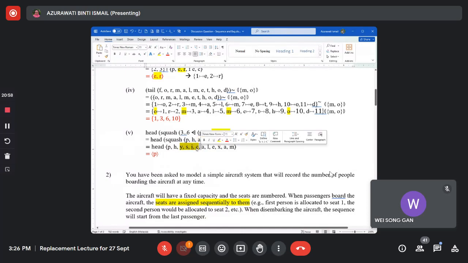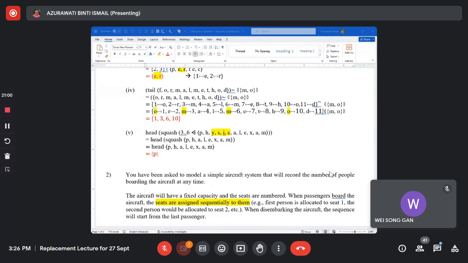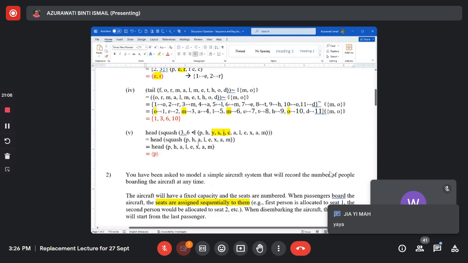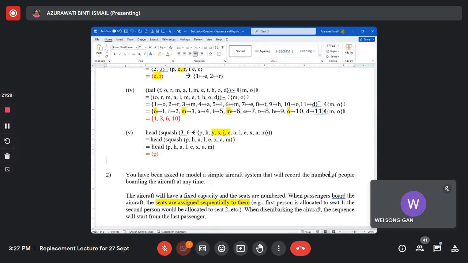Is it this one you asked me? Okay, accidentally didn't remove it. Yes, you have to remove this one. So you just leave it like this, and from your answer remove the one that I highlighted. So your last answer will still be P, even though you remove that data. Okay, thank you for telling me.